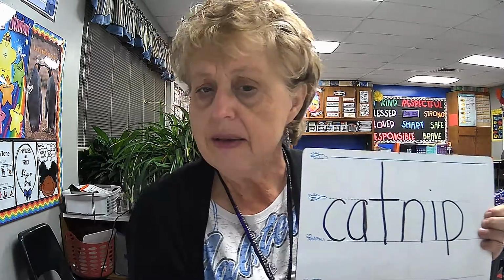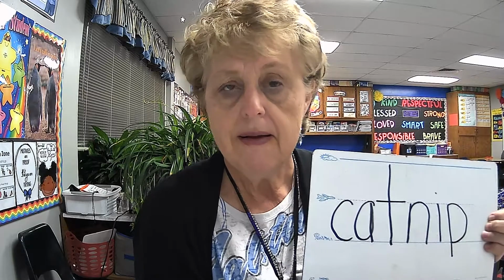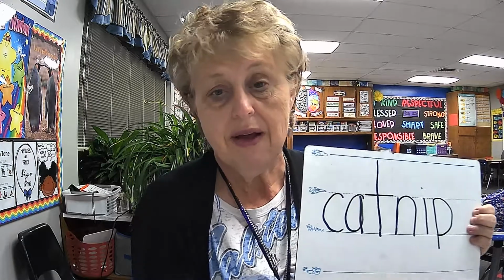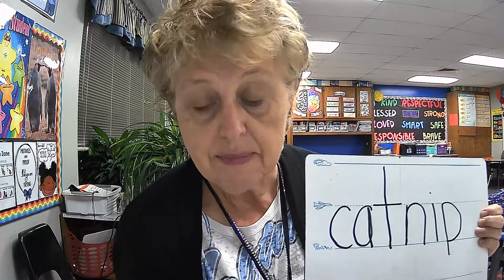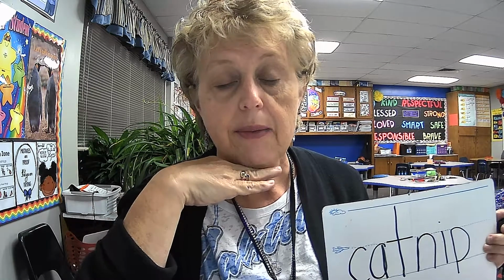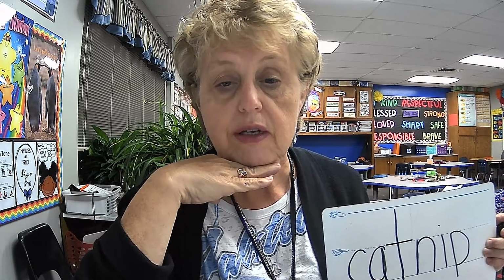Catnip. Catnip is a type of plant that cats really like the smell of, and they just go crazy if you give them a toy that has catnip in it. Now, if you put your hand under your chin and say catnip, how many times does your chin move? Echo me. Catnip. How many times?